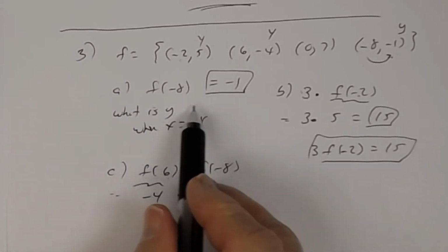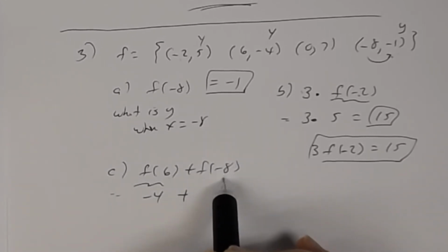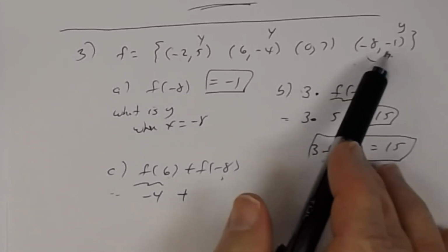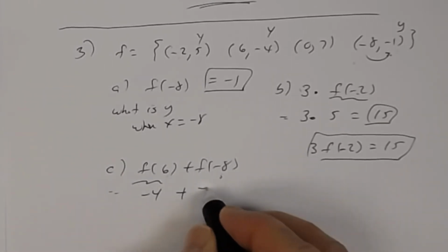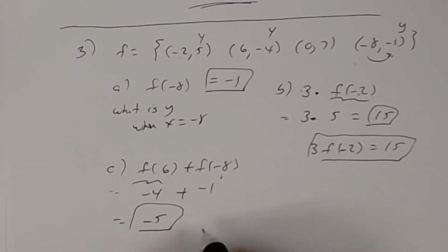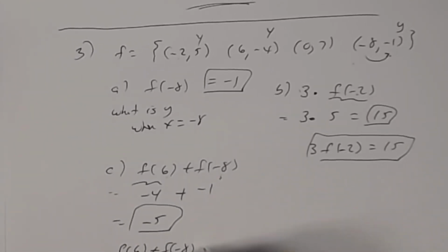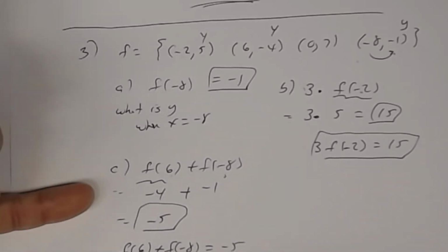We already found f of -8, but let's do it again. When x is -8, my y value is -1. And so therefore, -4 plus -1 is -5. So f of 6 plus f of -8 equals -5.